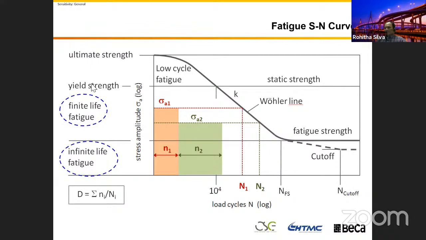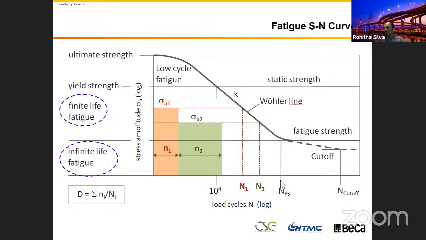Then when we are designing, we work around yield strength. If it is steel, we have a stress-strain curve with linear variation. And when a structure is subjected to fluctuating, reversal stress, your number of cycles is in the order of millions. We talk about 2 million cycles.